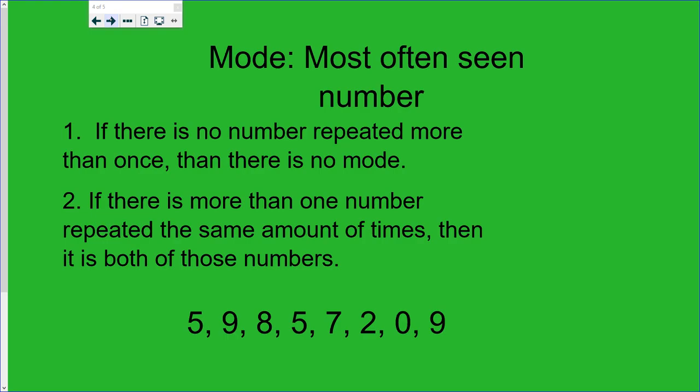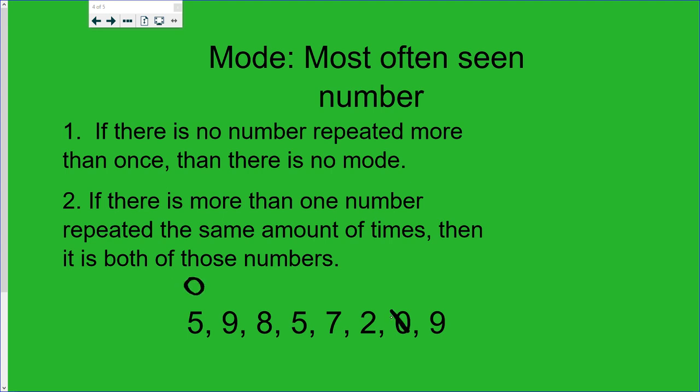Our next one is our mode, our most often seen number. So you want to figure out which number is most often seen in this piece of data. In this situation, I'm going to put them in order from least to greatest. That's what we normally would do, just so that we don't forget or miss something.